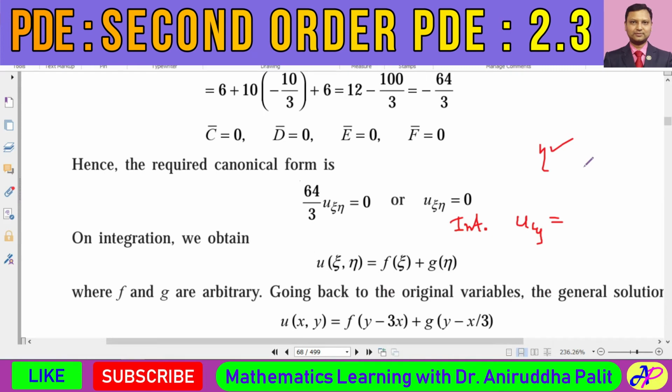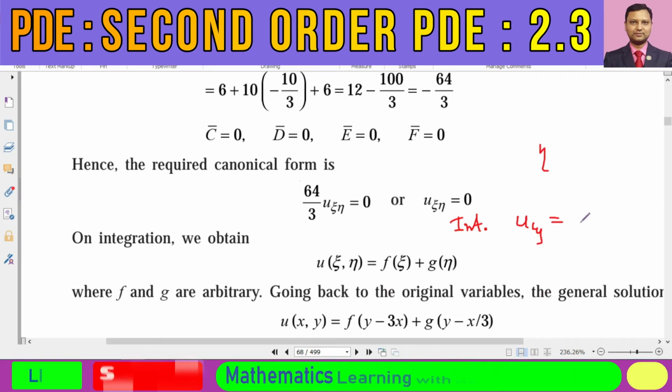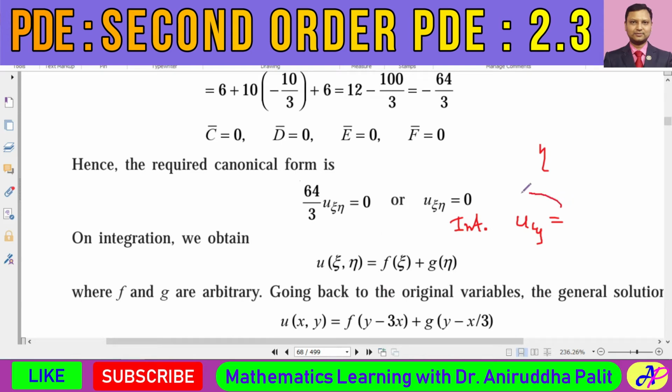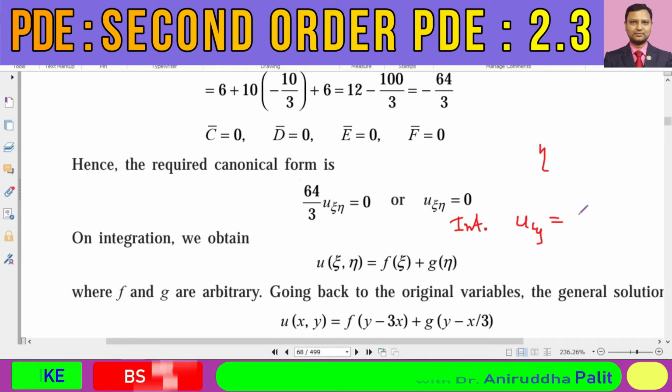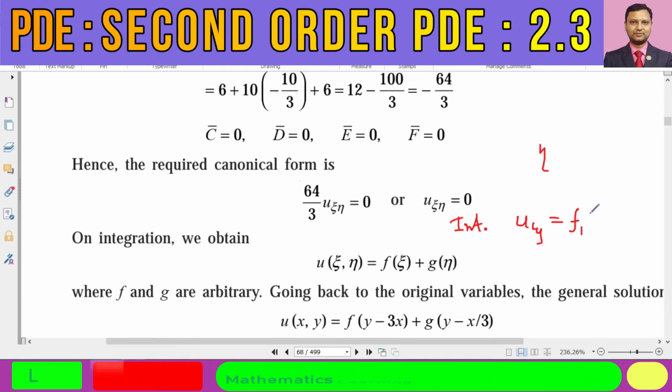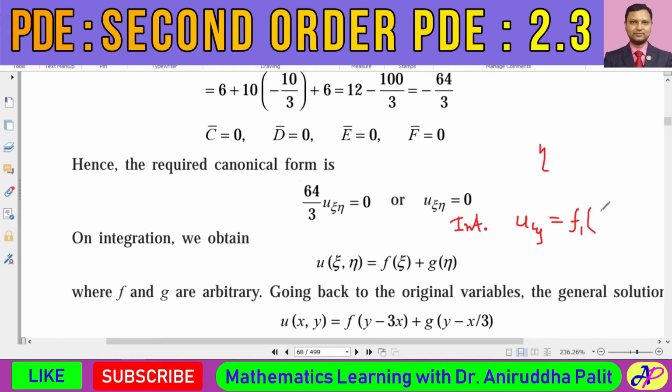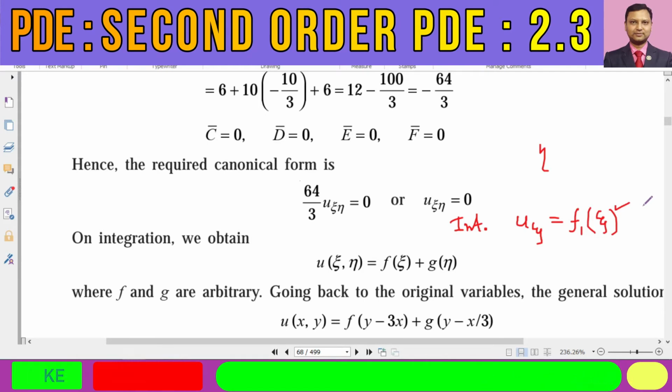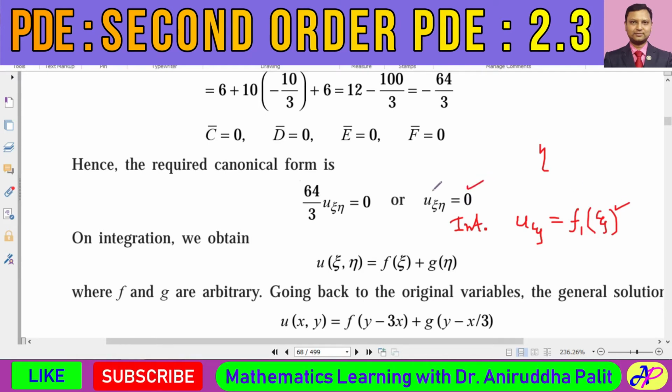All right, it may be a certain quantity which does not depend upon eta, because that would ultimately, after differentiation, lead us to this kind of partial derivative. So let us write it as a certain function involving xi. You see, if we differentiate this expression further with respect to eta, then after partial differentiation with respect to eta, the right hand side will become equal to 0, and on the left hand side we will have u xi eta is equal to 0.